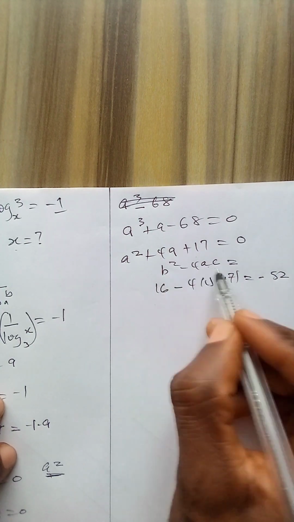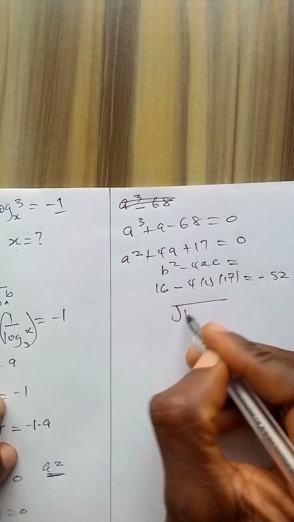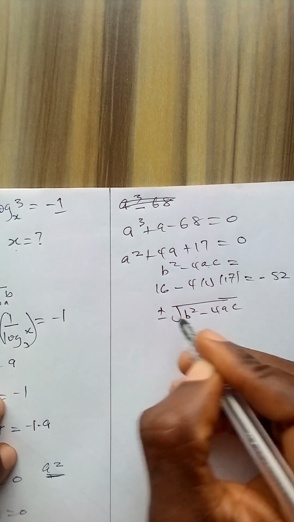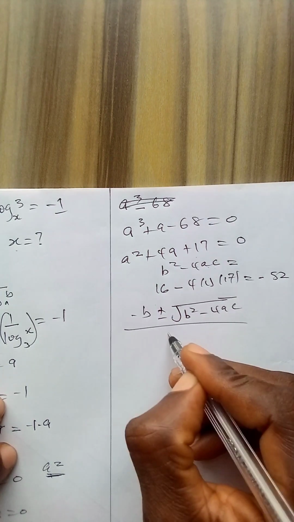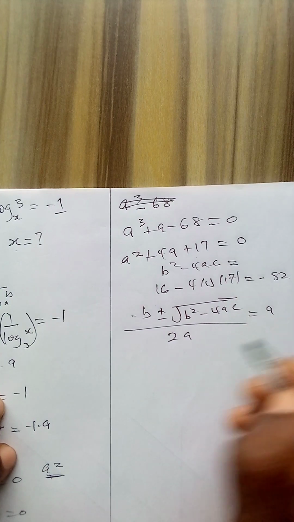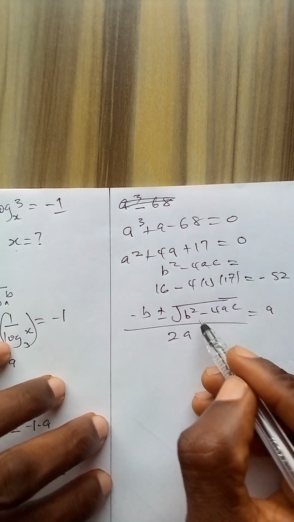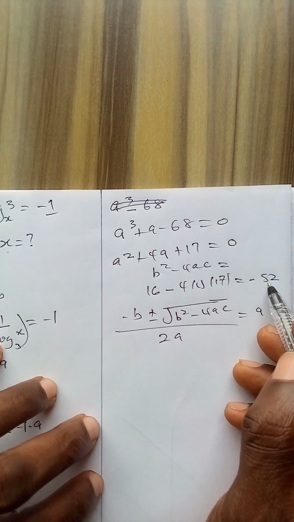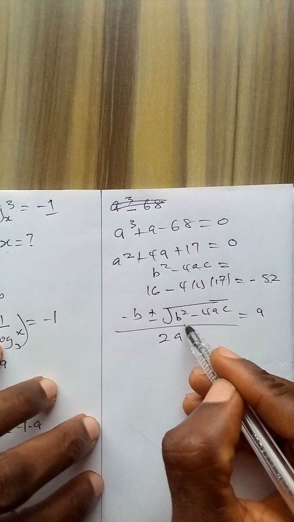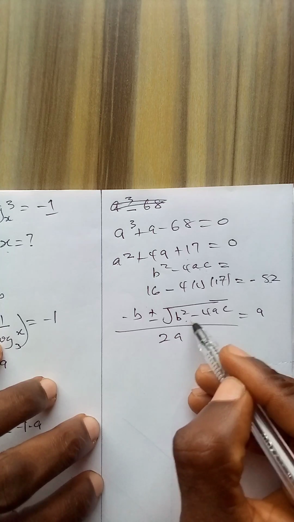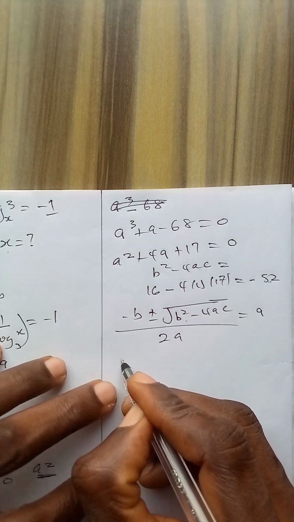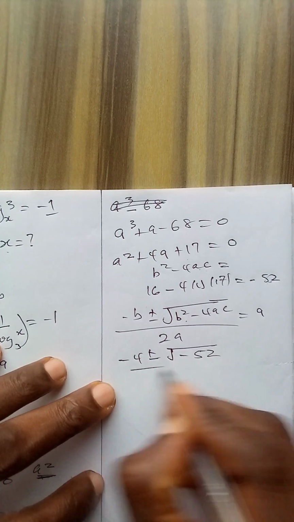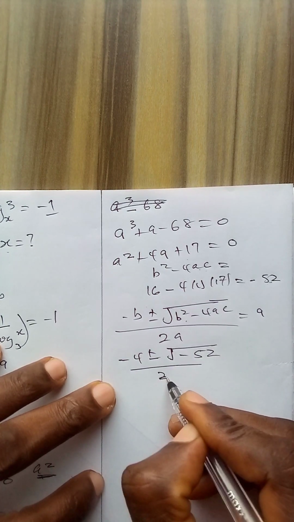This discriminant usually stays inside the square root sign. So we have minus b plus or minus, and this is the formula method. I was saying that the value of the discriminant here is minus 52, so we have a complex number. So minus b becomes minus 4 plus or minus the square root of minus 52 over 2 times 1, which is 2.